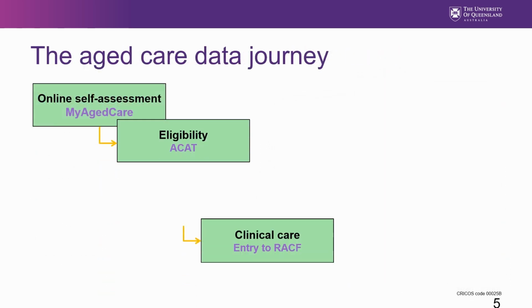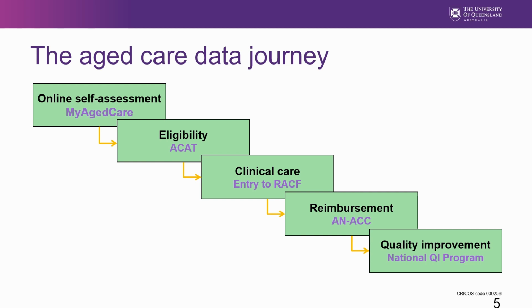Let's take a look at how data is assembled in the Australian Aged Care Program. I've just picked an example here of an individual who approaches My Aged Care with a view to finding a place in a long-term care facility or an RACF. If one enters the My Aged Care website, there's an online self-assessment there that really revolves around instrumental ADLs and personal ADLs, quite good. Having passed through that process, an individual would likely be assessed for eligibility for long-term care by an aged care assessment team.